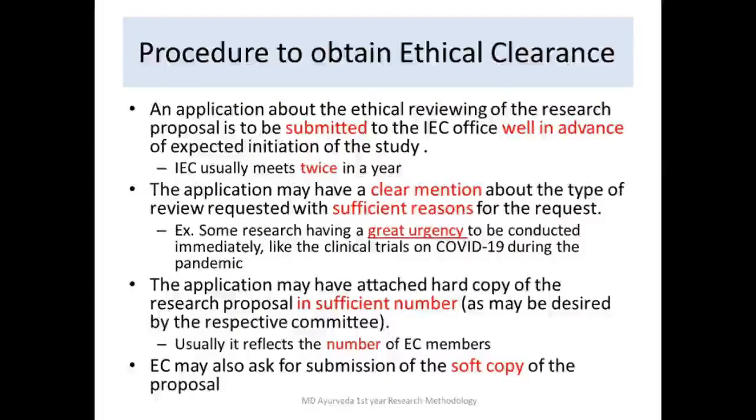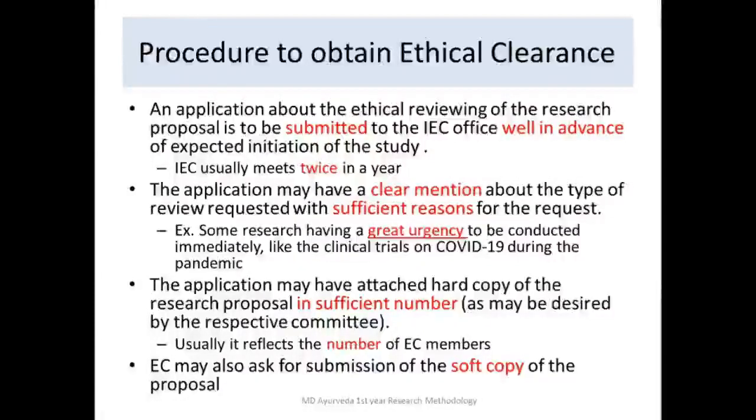The application which is submitted for the ethical clearance to the EC should have a clear mention about the type of review requested, and this should have sufficient reasons for the request. For example, if we are requesting an expedited review, the application should have enough reasons to say why we ask for an expedited review.